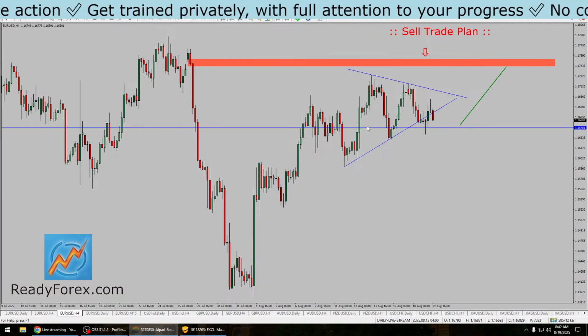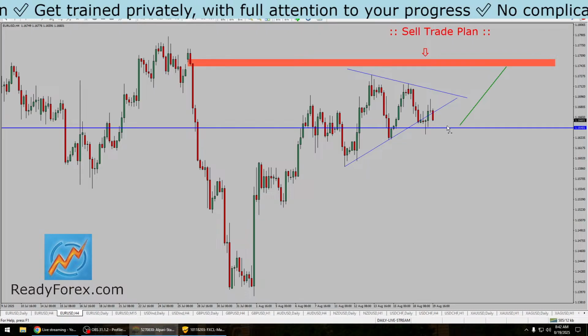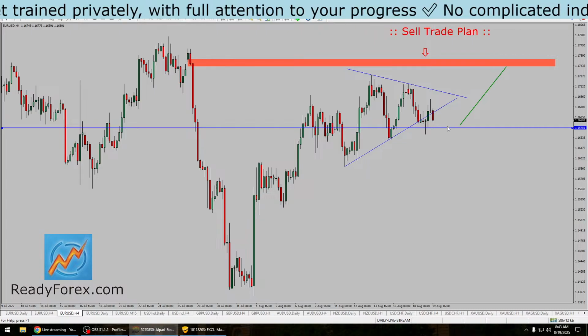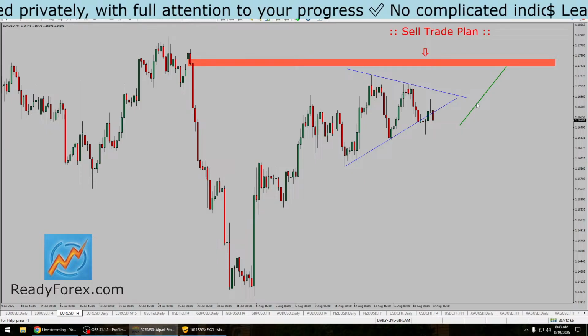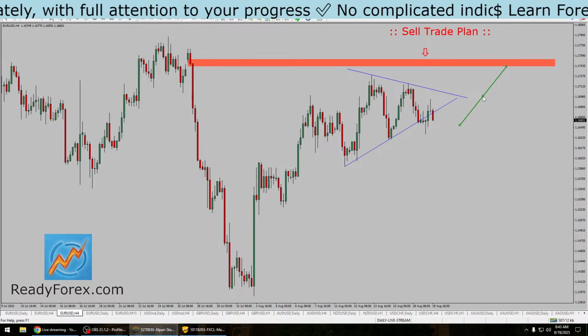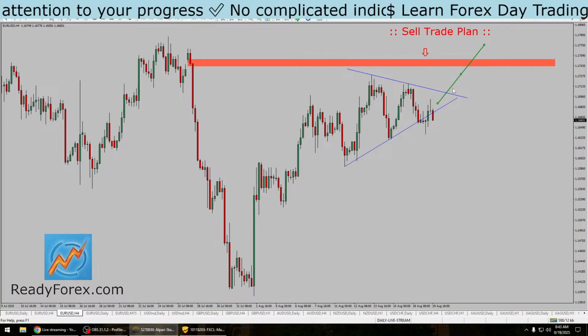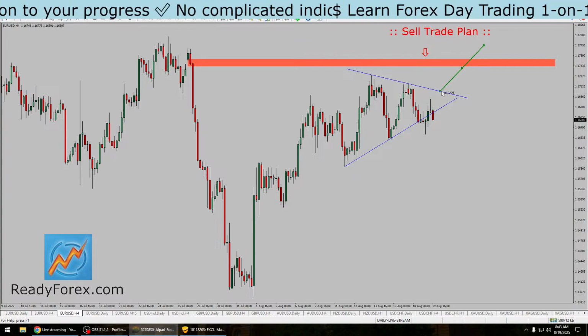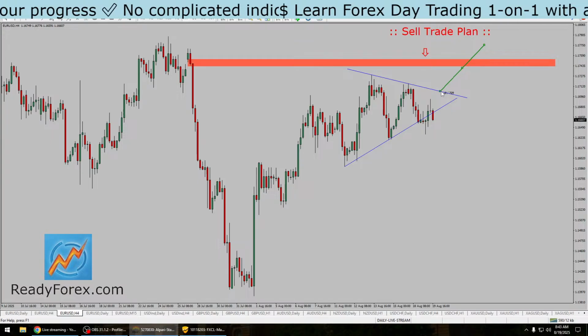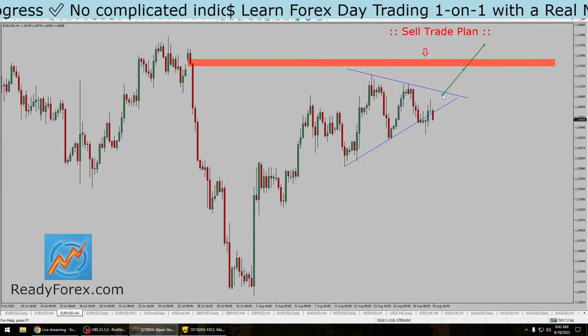Okay, so this is the trend line, and if we get a bullish breakout, something like this, out of this triangle, then I think the sell trade plan is going to fail.